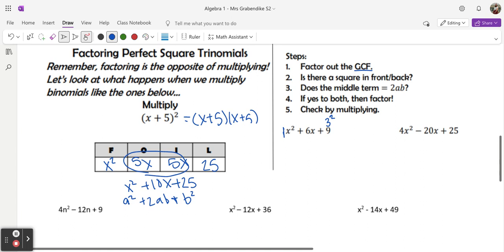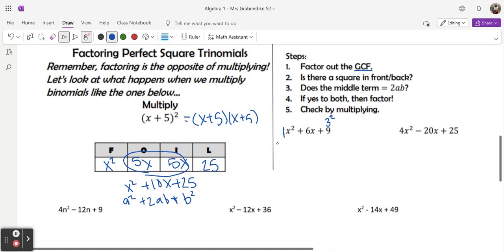So if the middle term equals 2 times a times b. Oh, not this a and b, this a and b. So it's a little different. And then if yes to both, then you're going to factor.